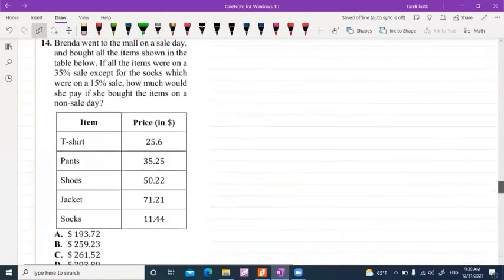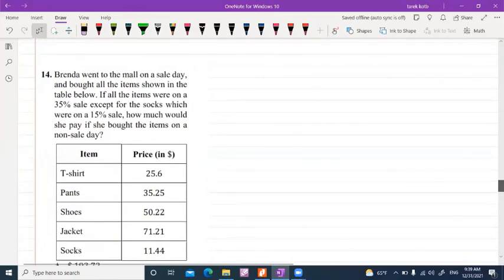14. Branda went to the mall on sale day and bought all the items shown in the table below. If all the items were on 35% sale, except for socks, which were on 15% sale, how much would she pay if she bought the items on non-sale day?